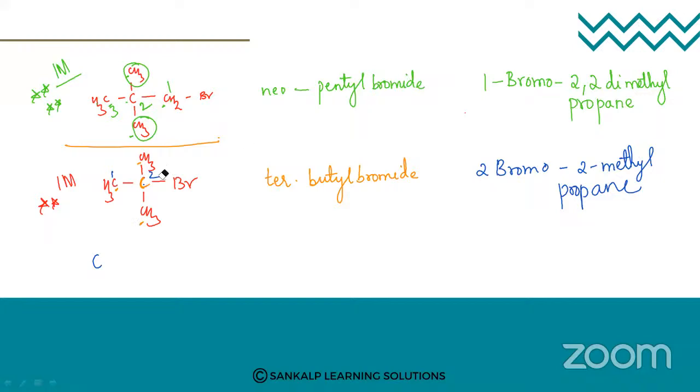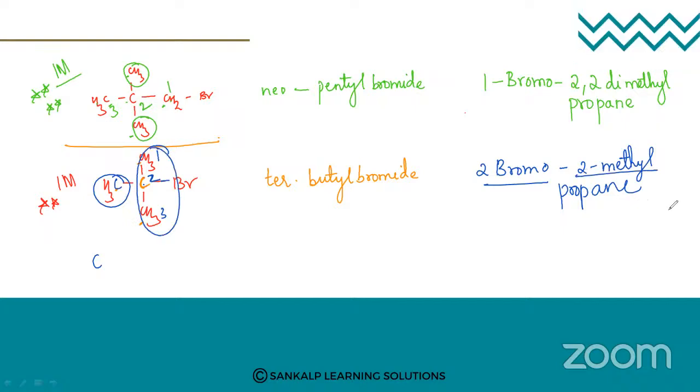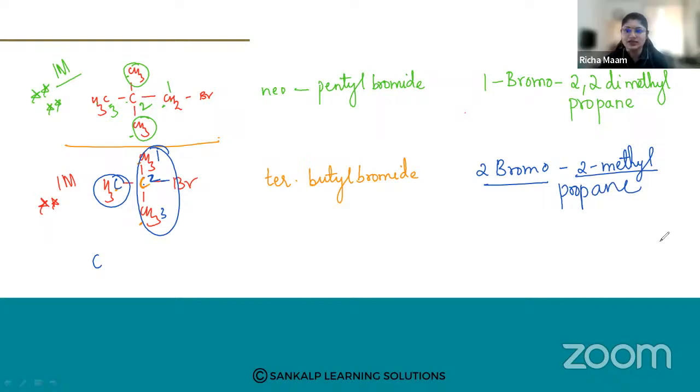So if I consider like this, it will be 1, 2, and 3. At 2 position, I have bromo, so 2 bromo. Then at 2 position, I have methyl, so 2 methyl, and then propane. Yes, the molecule is covered. So this is the structure.